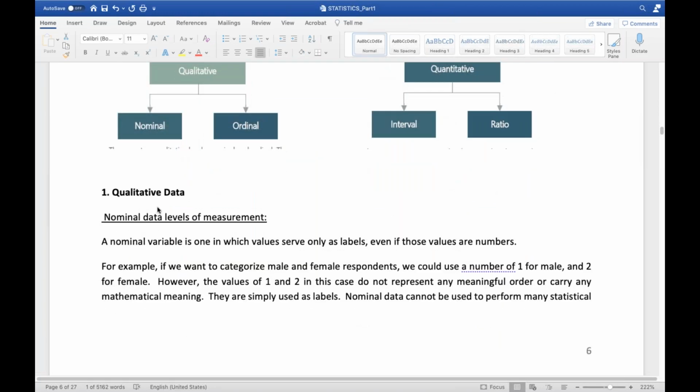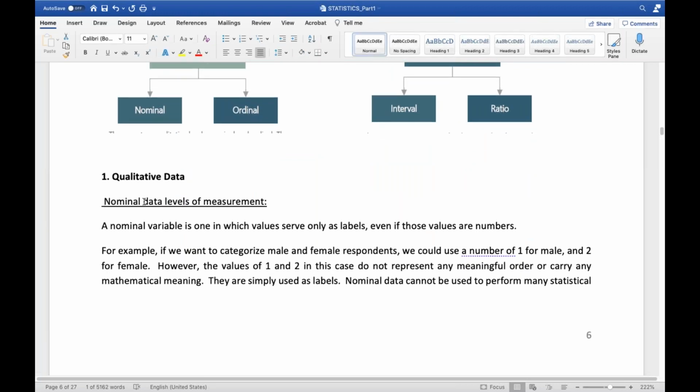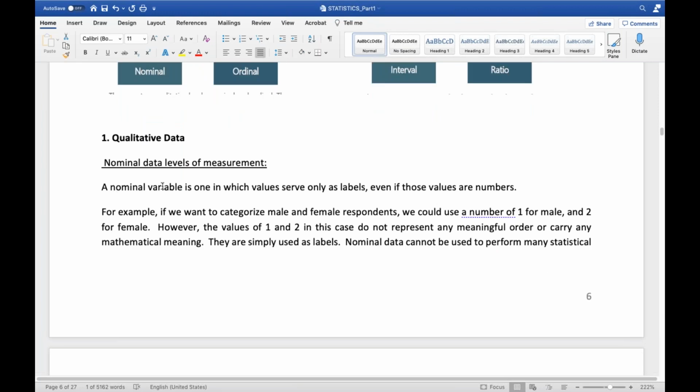Let's go for understanding the qualitative, nominal data level of measurement. A nominal variable is one in which values serve only as a label, even if those values are numbers. Sometimes the values are numbers, but there is no order at all.